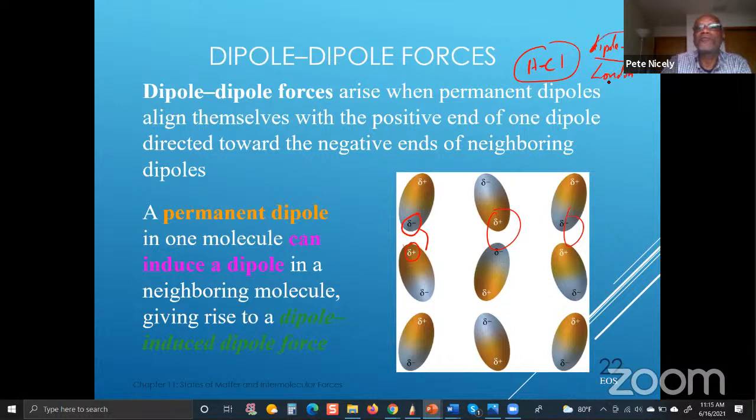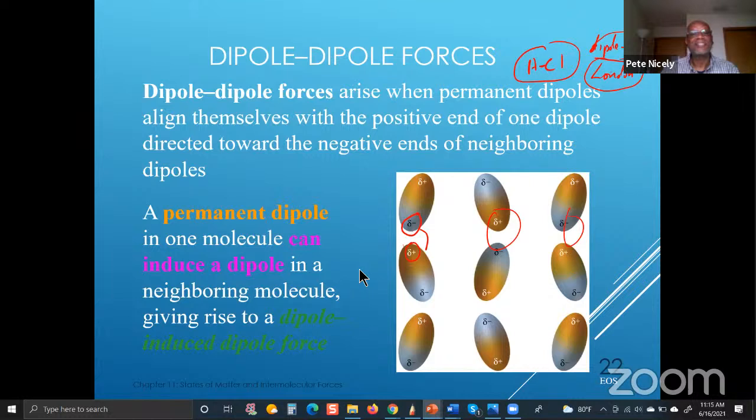You're going to have those forces together, but the dipole-dipole forces in the case of permanent dipoles would be the stronger of the two forces existing in substances such as hydrogen chloride and other polar molecules.